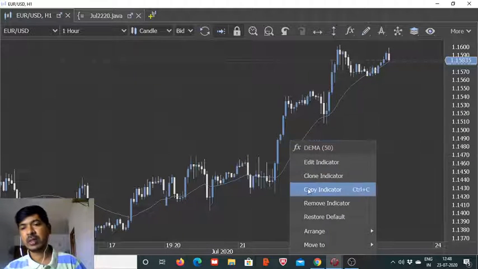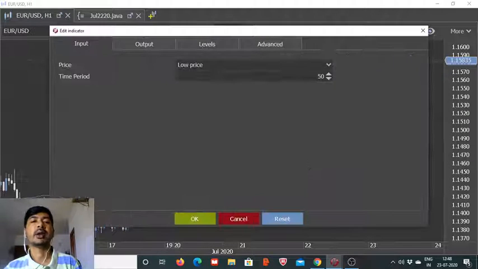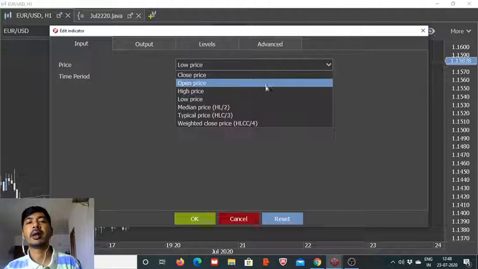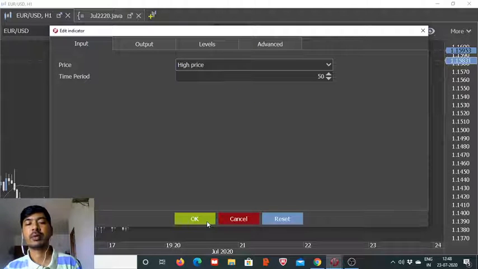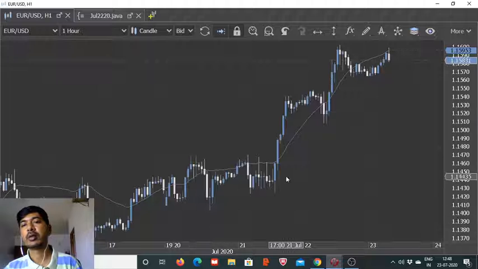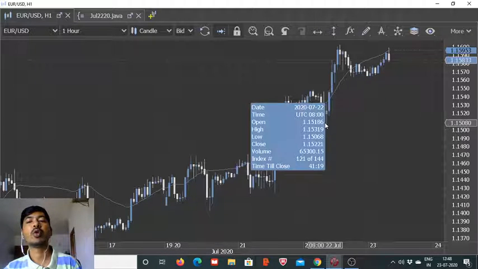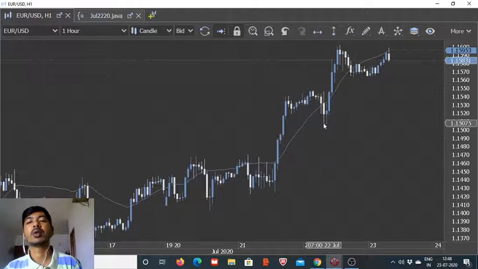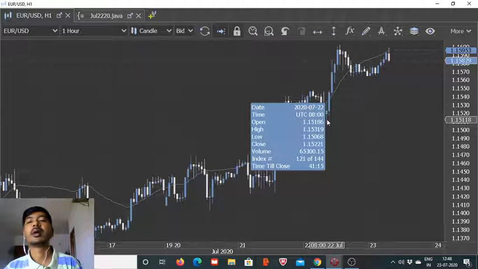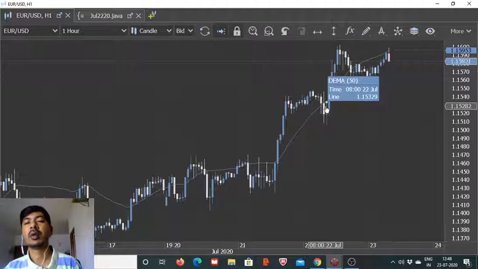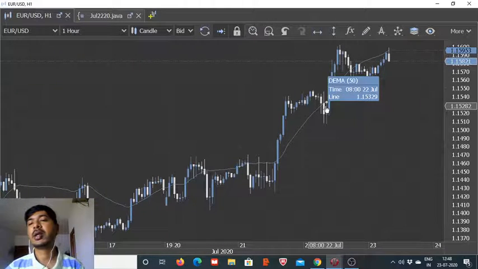Again let us change this to the high price, and again you will see that there will be a lot of difference in how it is going to be plotted. So here earlier when the low price was used, it was crossing somewhere here, and now it has shifted to the high side as we are taking into account the high price for the DMA.